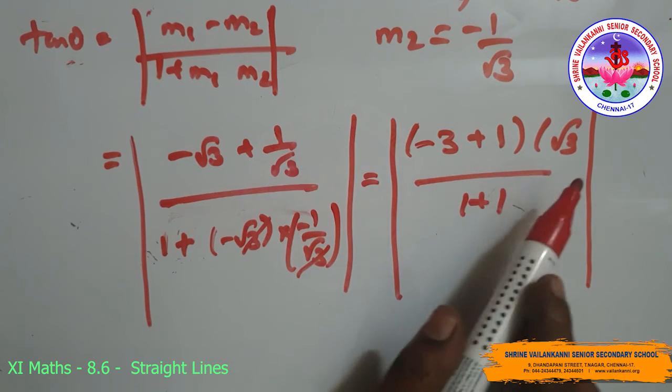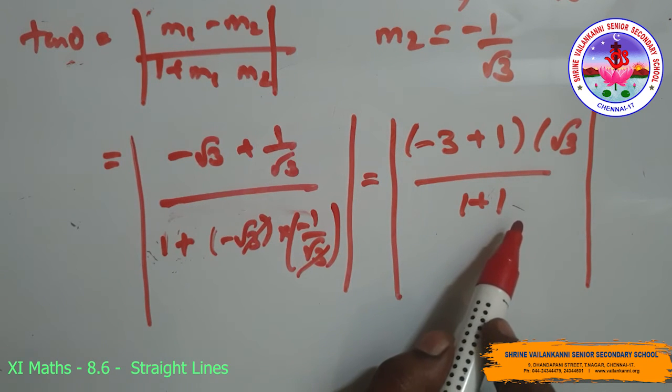So we get minus 2 by root 3 divided by 2.